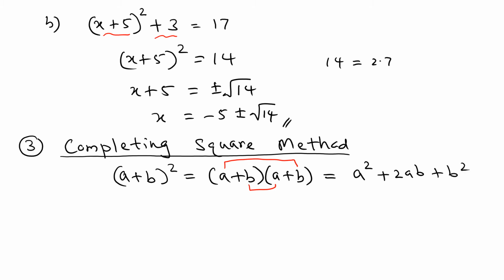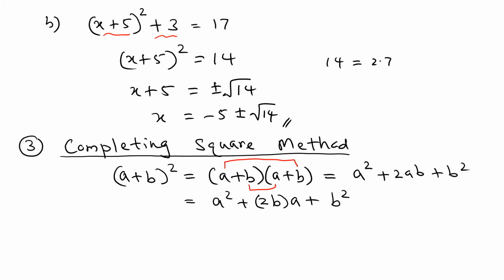We can rearrange this in an interesting way. We can write this as a² + 2b·a + b². Why do we do that?